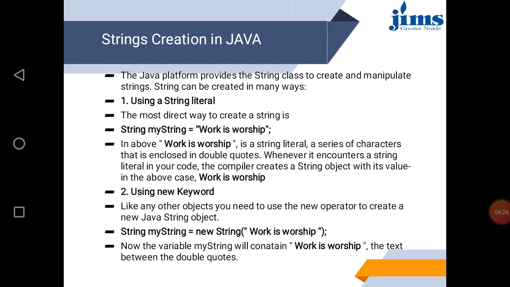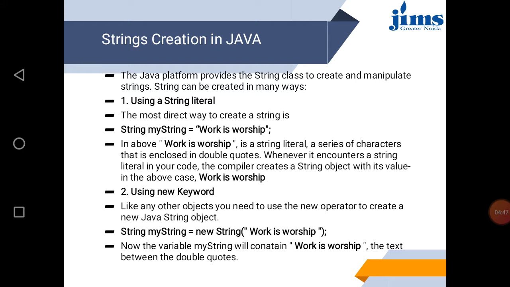So what is "work is worship" here? It is an object. And how do we recognize this object? With the help of the reference variable myString. So we have created an object and we have mentioned its reference variable.